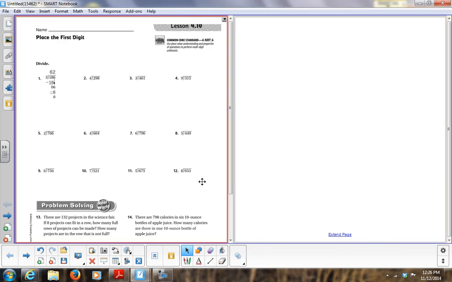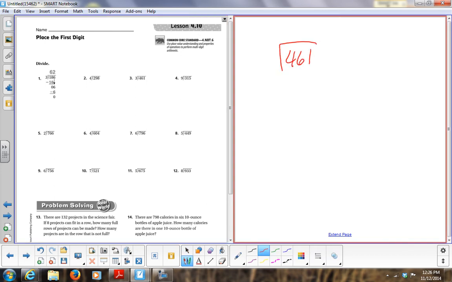Okay, number 3. 461 divided by 3. Where do I place the first digit of my quotient? Esme. In the hundreds place. 4 divided by 3 is what? 1.